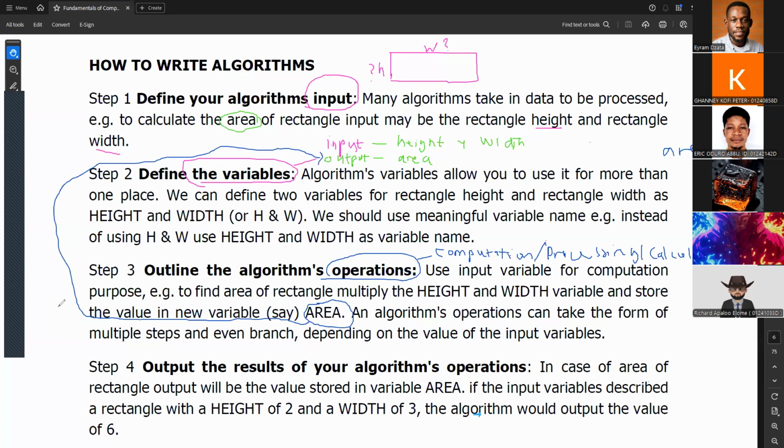There might be points where you have multiple steps, and points where other control structures can come into play. Maybe the branching control structure, where you have to make a decision. All that comes in to form the algorithm's operation, the computation. Are we all here?